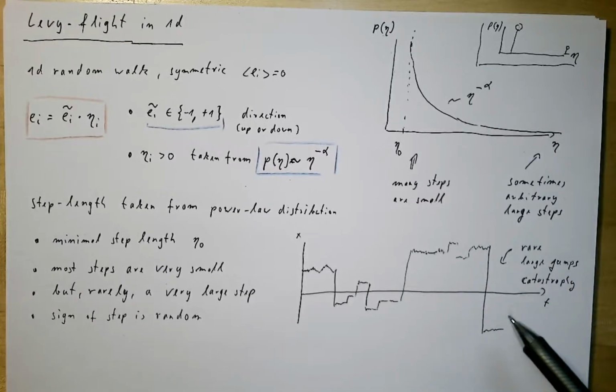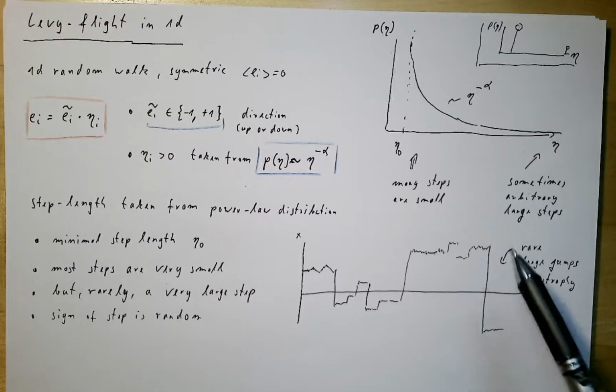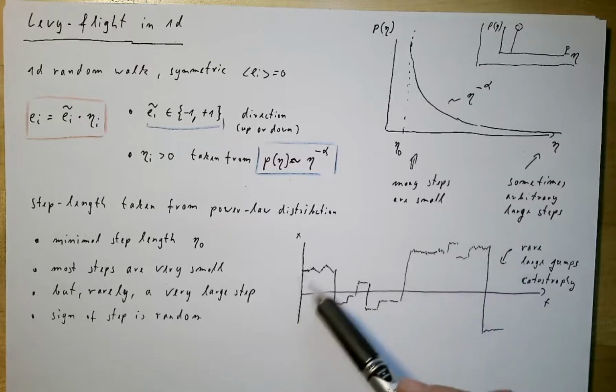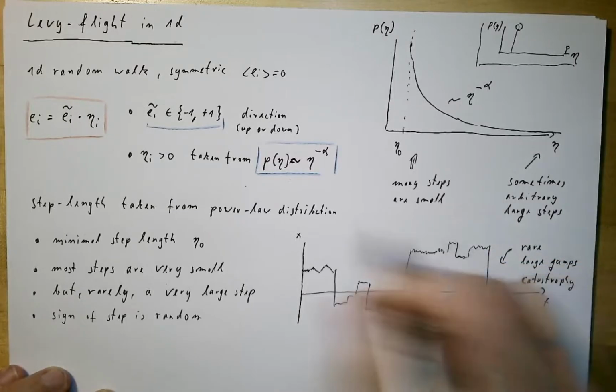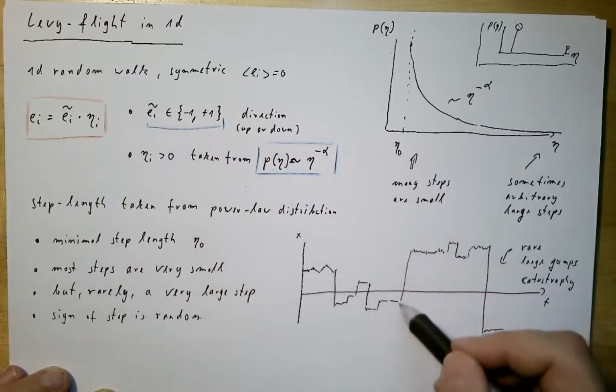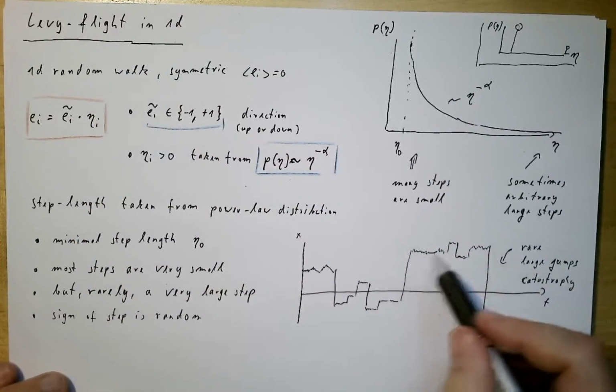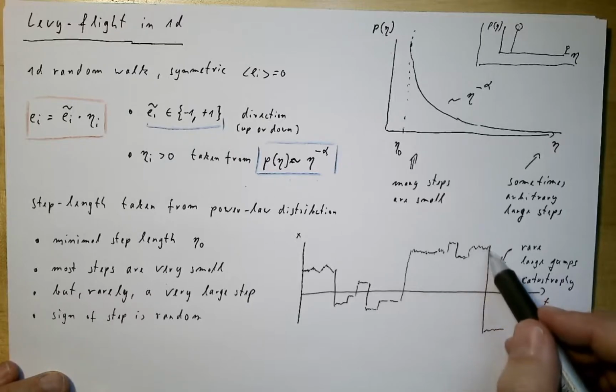And maybe now for the terminology. This is a random walk, but we call this a flight because we have these jumps here, and these jumps mean the walker is suddenly not moving smoothly and continuously, but he can jump.